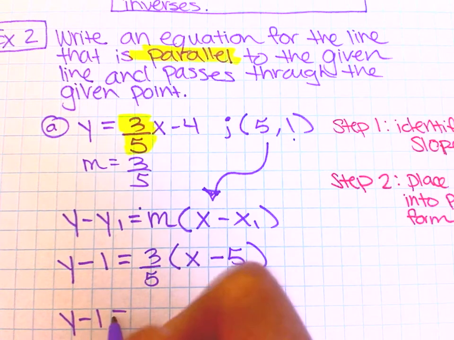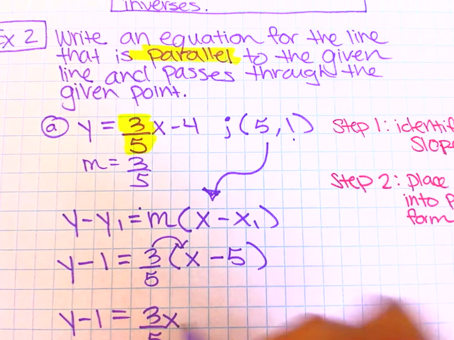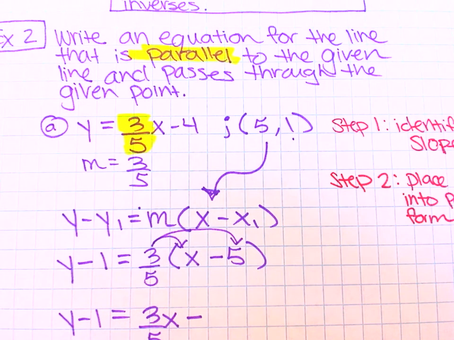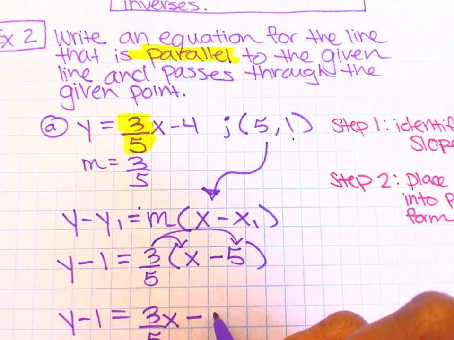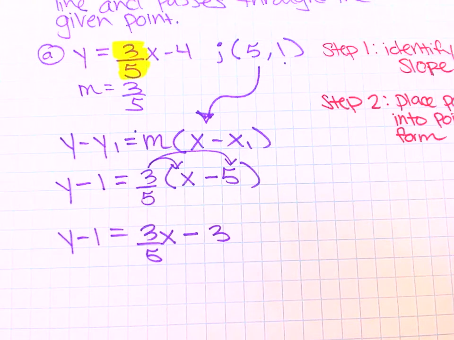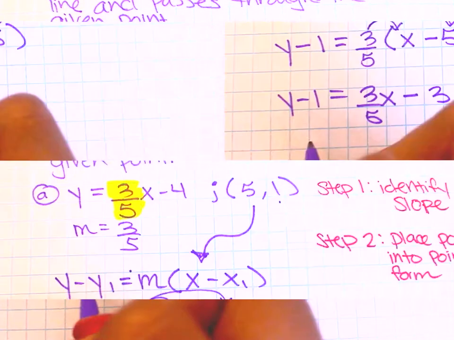Y minus 1 equals 3 over 5 times x is 3 over 5x minus 3 over 5 times 5, which is going to be 3. I'm almost done. Okay, I need to just add 1 to both sides to get y by itself.